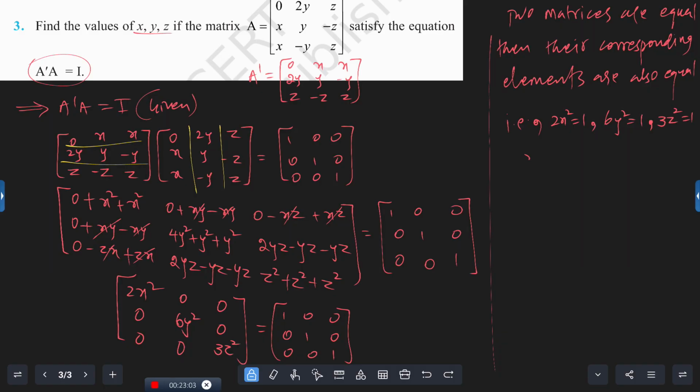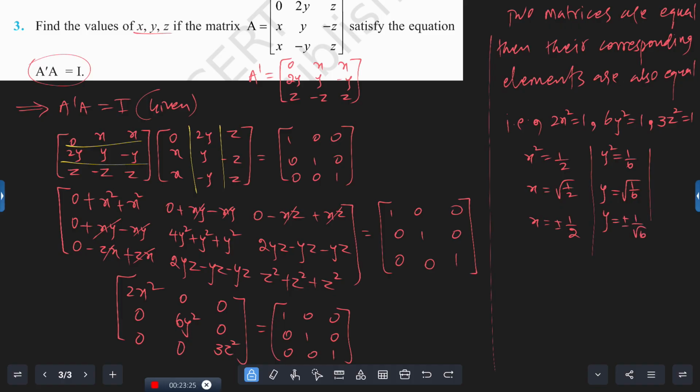Understand? So x square is equal to 1 by 2, x is equal to square root of 1 by 2, x is equal to plus or minus 1 by root 2. This is my x value. In the same manner, y square is equal to 1 by 6, y is equal to square root of 1 by 6, y equal to plus or minus 1 by root 6.